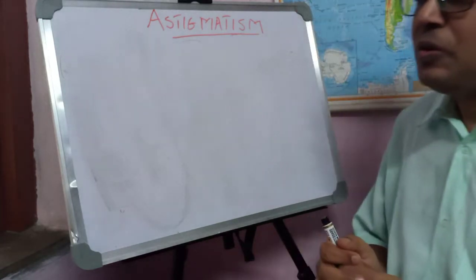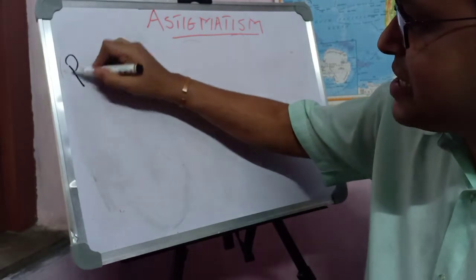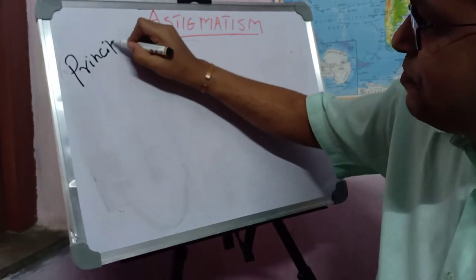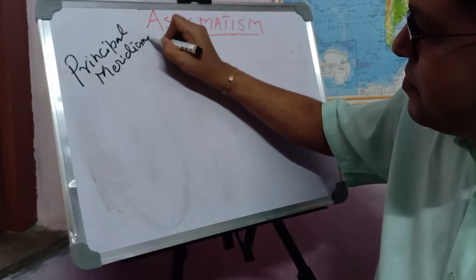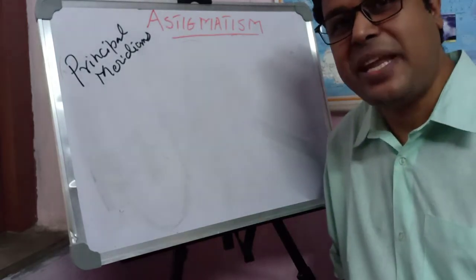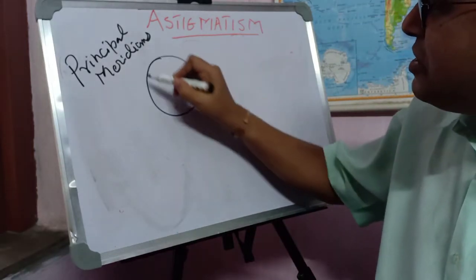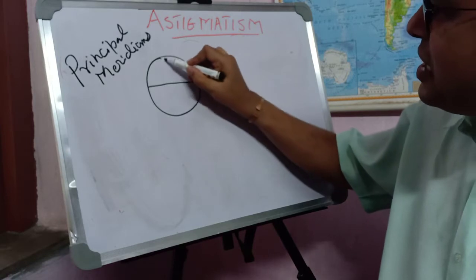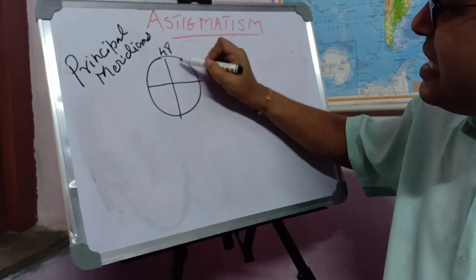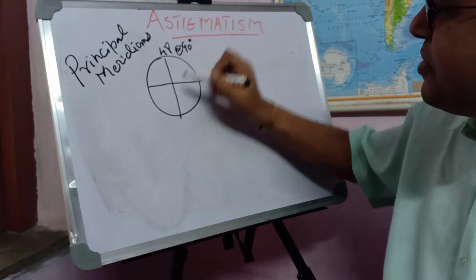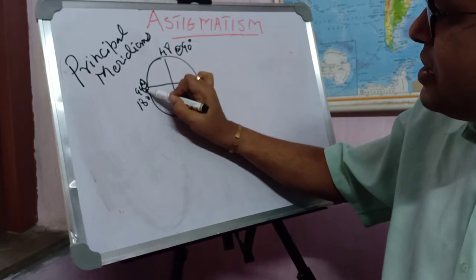There's a concept of principal meridians in astigmatism. What principal meridians means is that in the cornea, when you have a difference in power, there is one meridian which is steep, say for example at 90 degrees, and here you have 44 at 180 degrees.